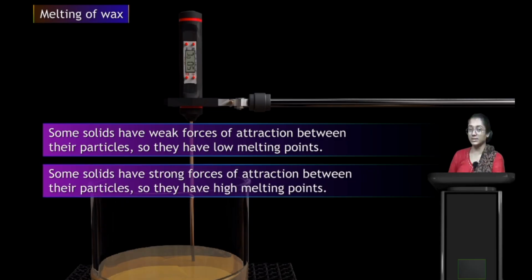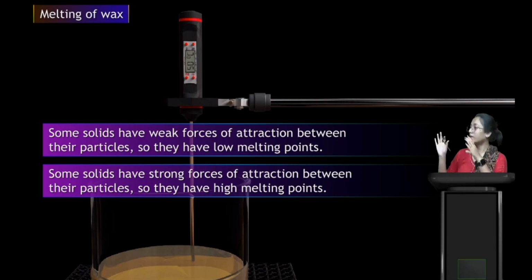Similarly, in the second case, the temperature was a bit higher, isn't it? This is because of strong forces of attraction between their particles, so they have high melting points. In the case of wax, we can conclude that the attraction force between the particles of wax was a bit stronger.